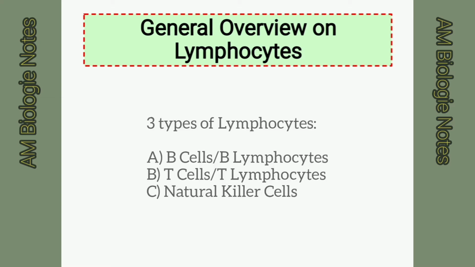The lymphocytes can be broadly subdivided into three populations: B cells, T cells, and natural killer cells on the basis of function and cell membrane components. So, our today's discussion is on B cells or B lymphocytes only.